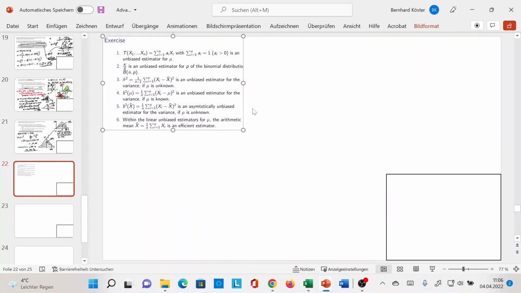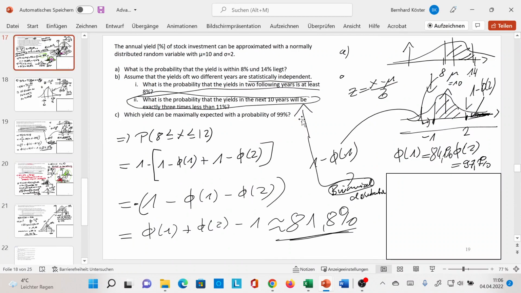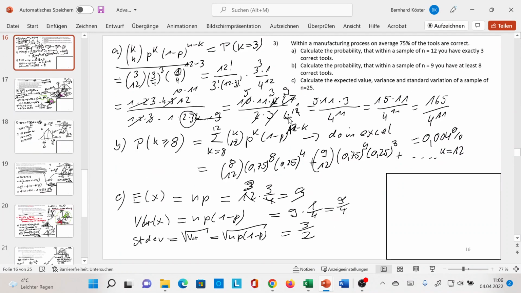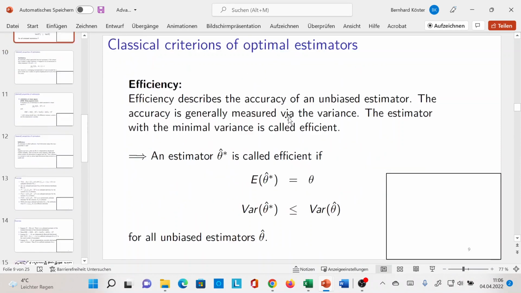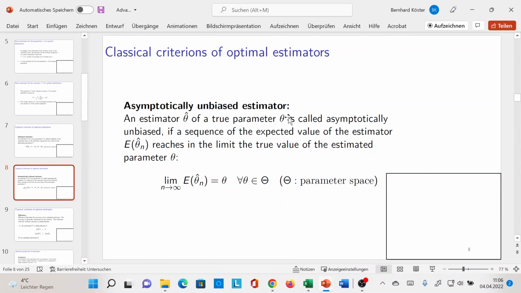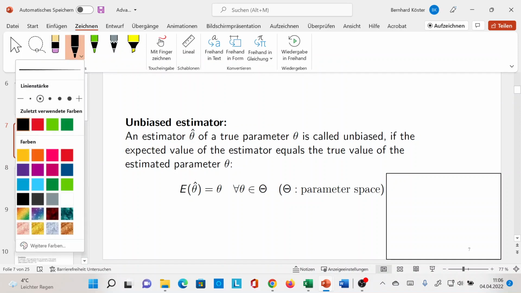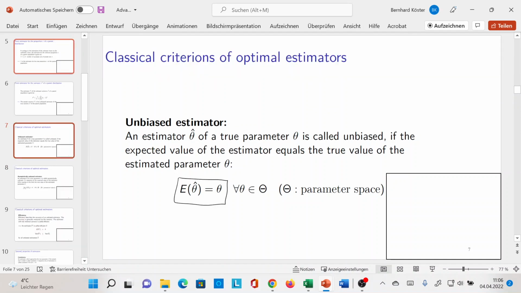So, first of all, unbiased estimators. What was the property of unbiased estimators? Let's look it up. Unbiased estimators, we had that, not asymptotically, that the expected value of our estimator equals the true value of the estimated parameter.